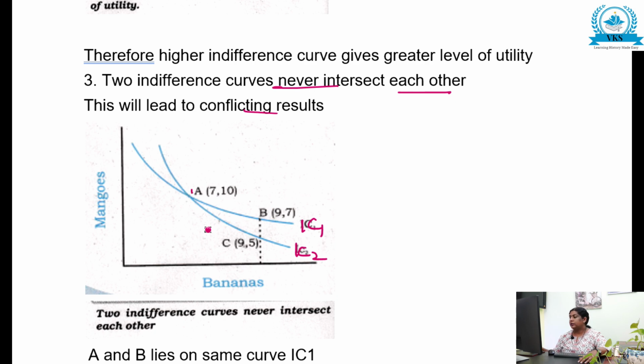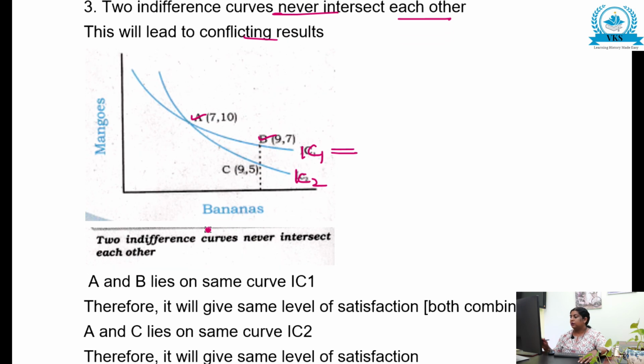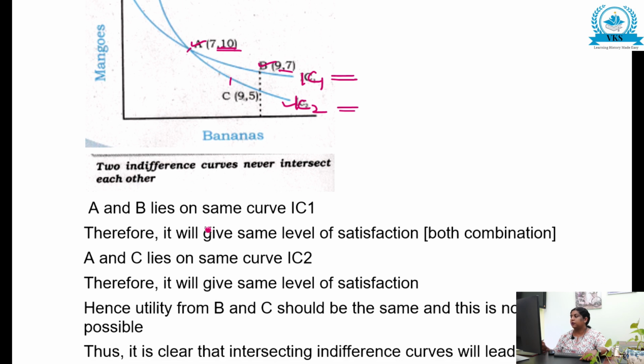Now point A and point B lie on IC1, the first indifference curve. Therefore, both combinations will give the same level of satisfaction. Now point A and point C lie on IC2, the second indifference curve, so that also will give the same level of satisfaction.